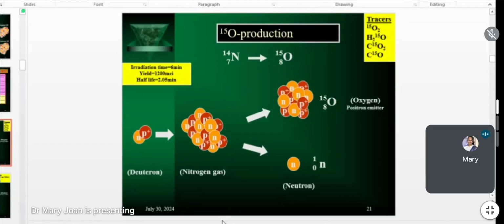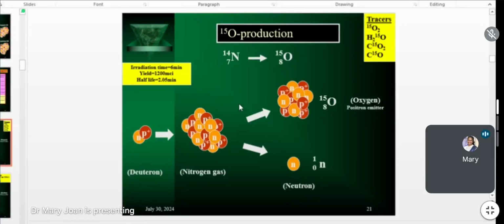So for oxygen 15 production, the basic chemical reaction that takes place is nitrogen bombarded with deuteron to make oxygen 15. The nitrogen gas is placed in the cyclotron and bombarded with deuteron particles to produce oxygen 15 and 1 neutron.